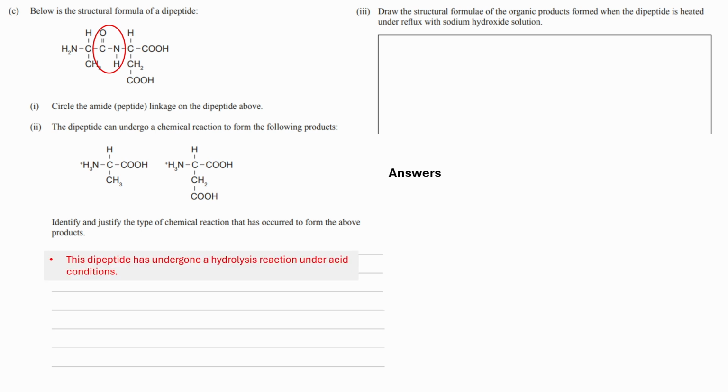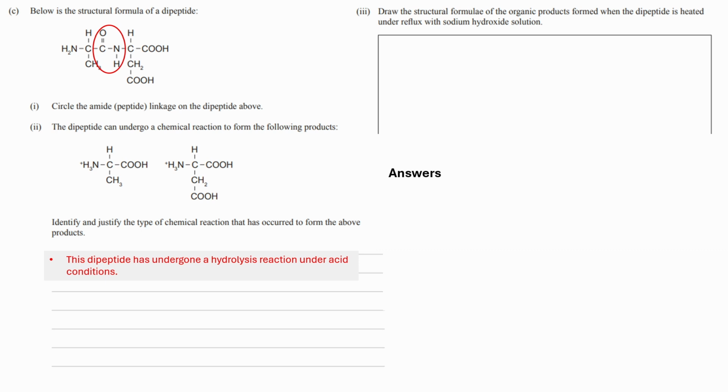So the next bit says the dipeptide can undergo a chemical reaction to form the following products. Here we can see the 2 amino acids that it was constructed from. Now, once it has been broken apart, you can see that the NH2 on the left-hand side has been turned into an NH3, or H3N+, and the same on the other molecule. That happens because the dipeptide has undergone a hydrolysis reaction under acidic conditions.